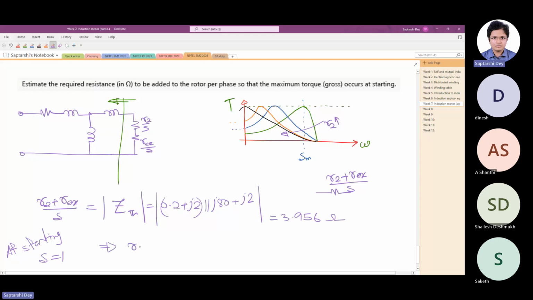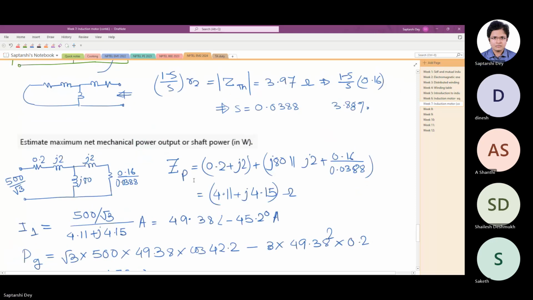That is, R2 plus Rx equals 3.956 ohm. R2 is given as how much? 0.16.